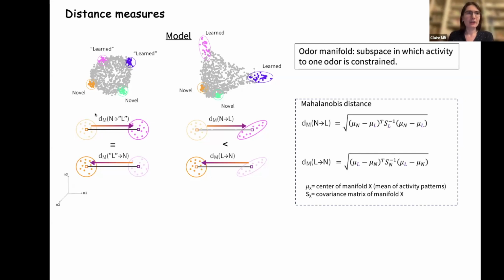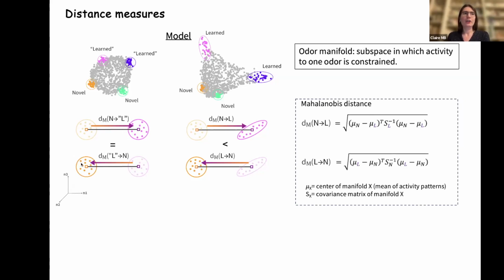So we can calculate the distance in 2 directions, either from the center of the orange manifold to the center of the pink manifold, by taking into account the covariation of neurons within the pink manifold, or from the center of the pink manifold to the center of the orange manifold, taking into account the covariation of neurons within the orange manifold.